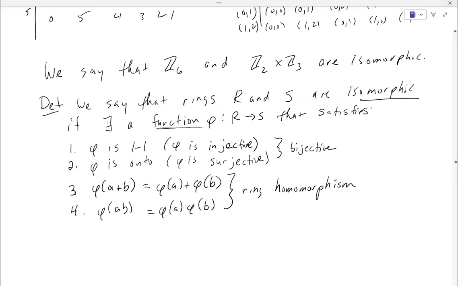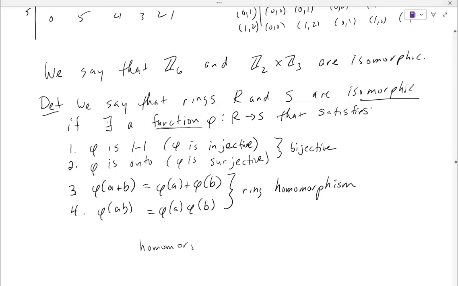We refer to this as operation preserving, okay? What I mean by that is, it doesn't matter if you do the operation in the first ring or do the operation in the second ring, you get to the same place when you apply the function. That's operation preserving.